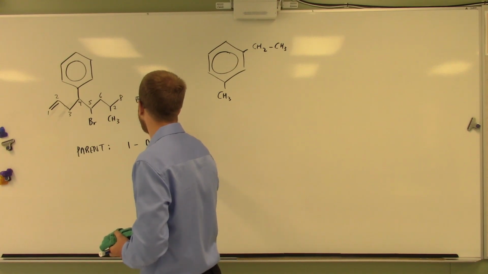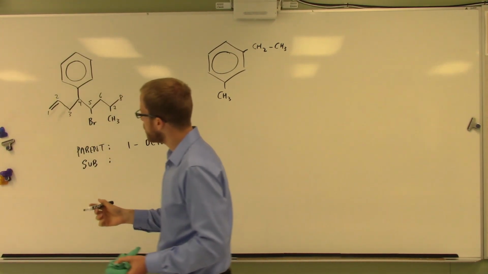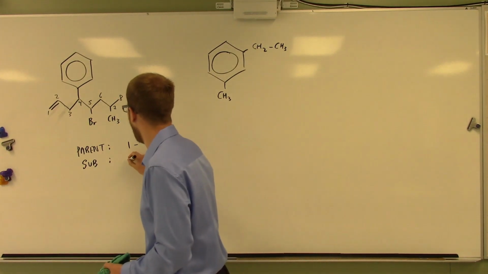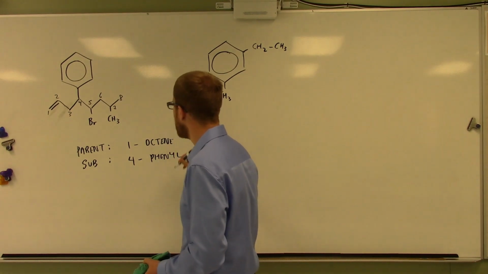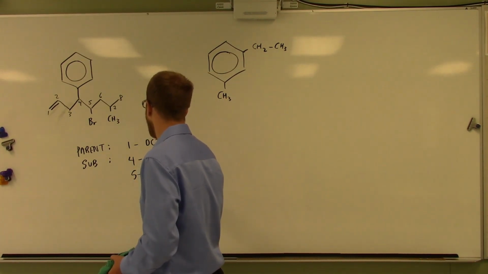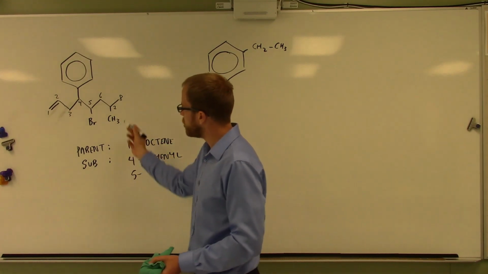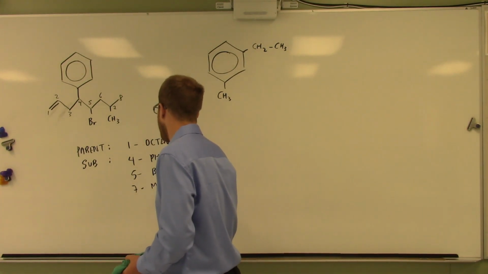And what are our substituent groups? We have a substituent group at 4, which is 4-phenyl, a substituent group at 5, 5-bromo, and a substituent group at 7, which is 7-methyl.